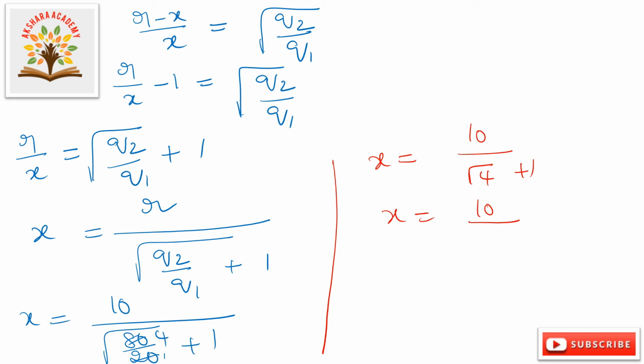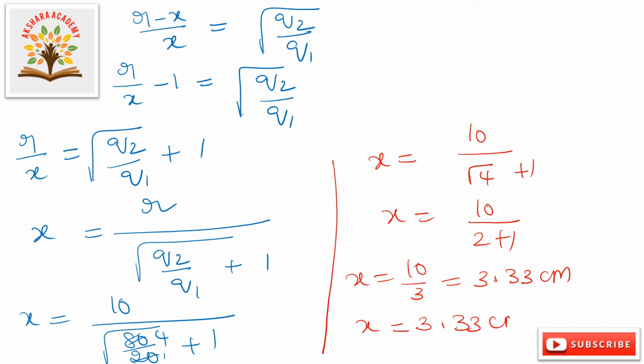So 2 plus 1 is 3, so 10 by 3, that is equal to 3.33 centimeters. So here x is equal to 3.33 centimeters. Okay. Next we will go to the next question.